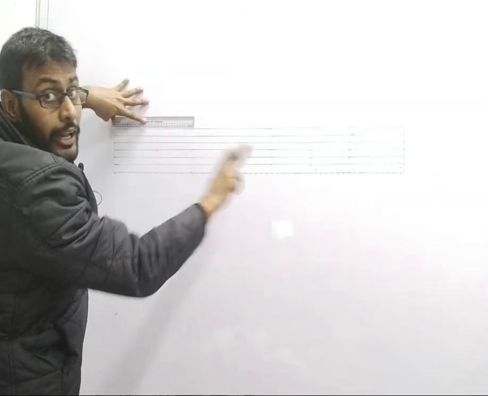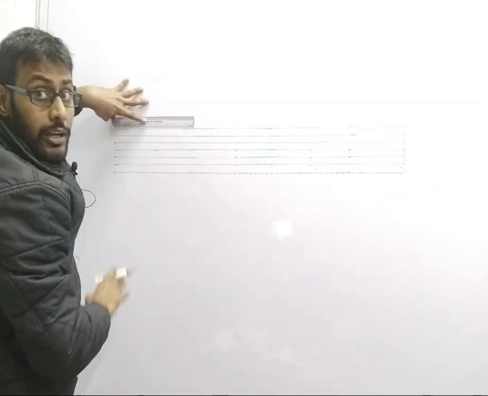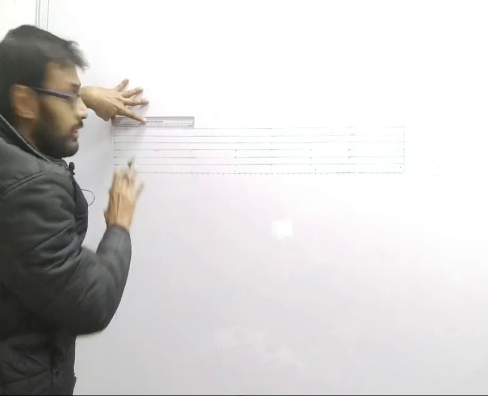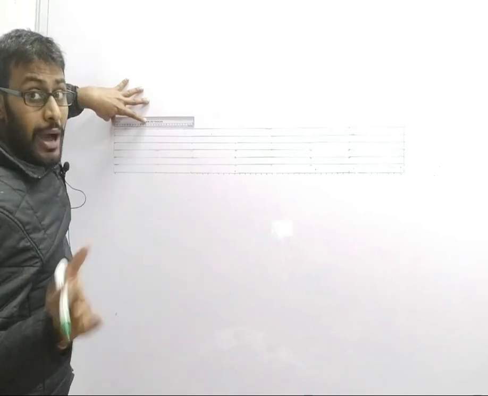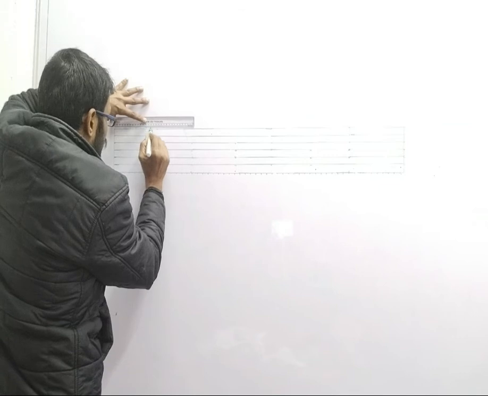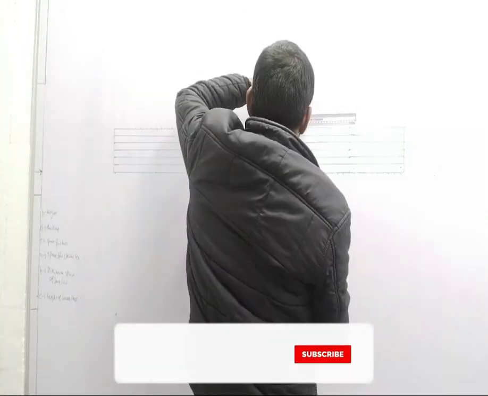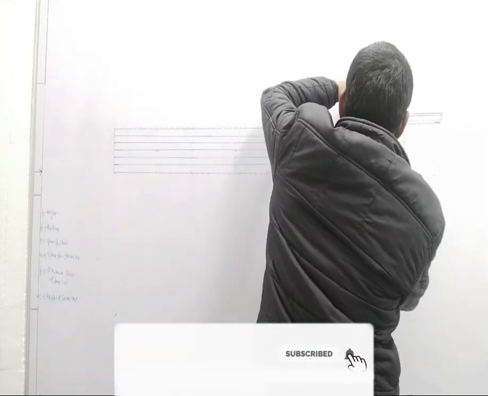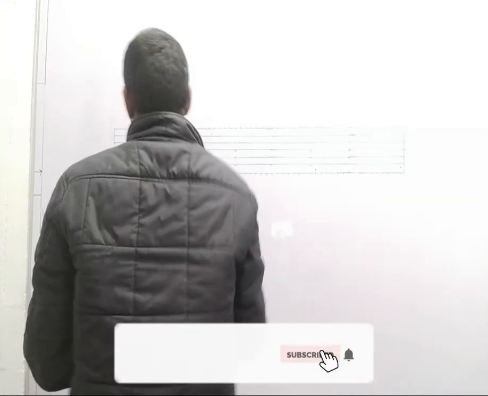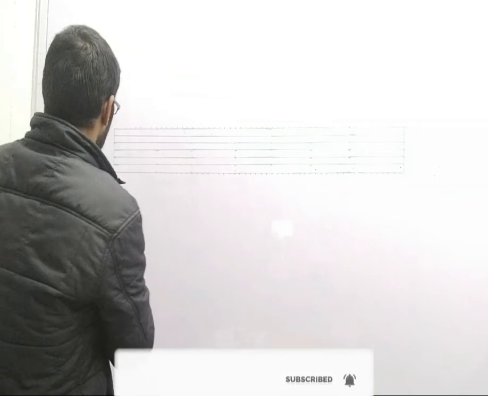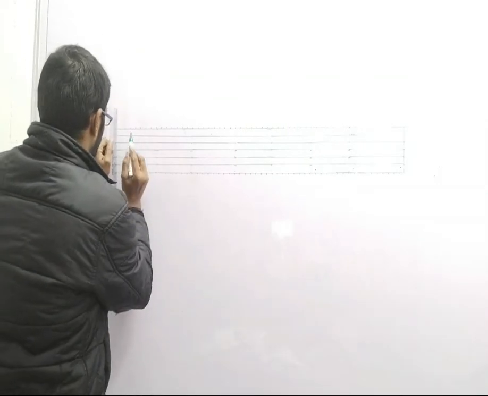After the completion of the horizontal guidelines, we will draw the vertical guidelines with equal distance. So we will mark the distance. After the marking, we will draw the vertical guidelines.